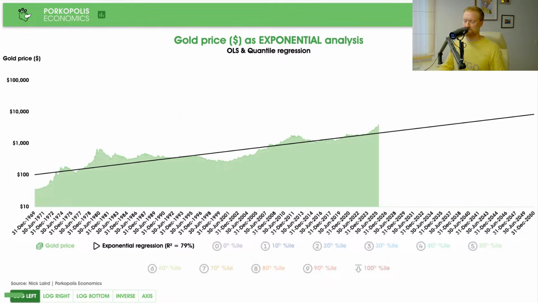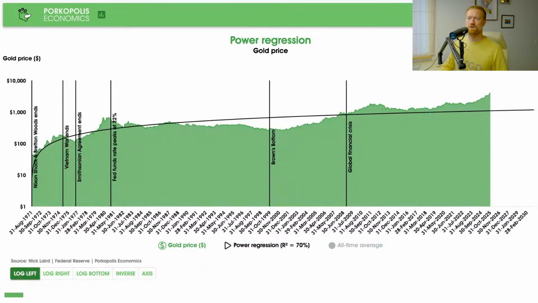I'll show you finally a slightly later start date, which I think is 1971. Here's your power. Here it comes. This is a different one I calculated manually.